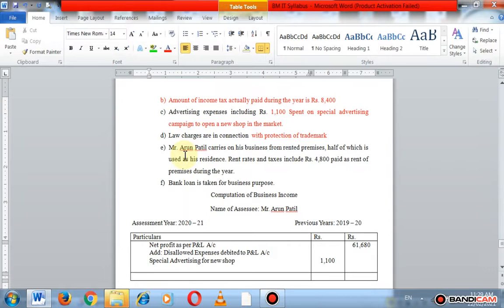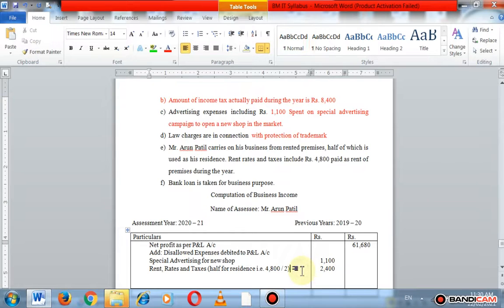So add rent, rates and taxes (half for residence), that is 4,800 divided by 2 is equal to 2,400.